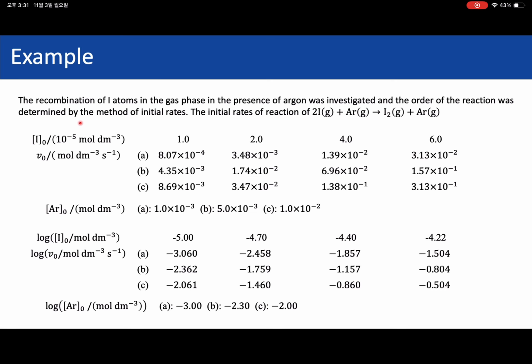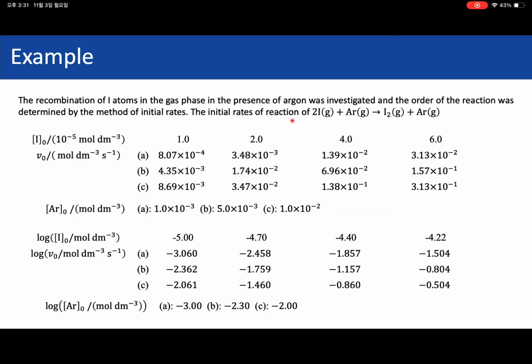Now let's see one example of the method of initial rate. It is the reaction for recombination of iodine atoms in the gas phase in the presence of argon. And now I will show you how we can determine the order of reaction using the method of initial rate.